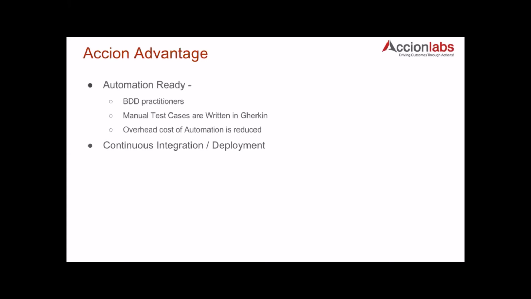Then we develop the features mentioned there, and we also automate the testing of the application. So we are BDD practitioners, and one thing that we do is write down our manual test cases in Gherkin language. That is something we have started doing now.